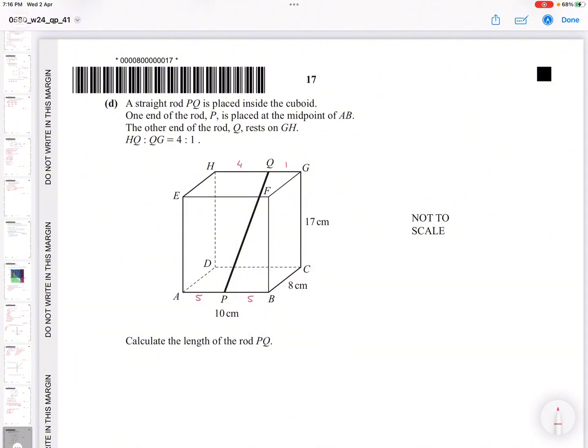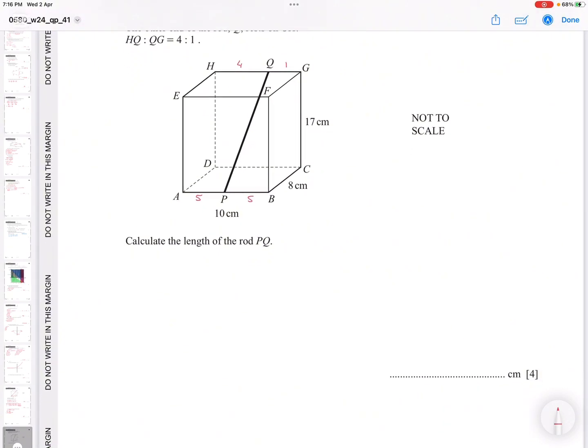So can I say that HQ is equal to 4/5 of 10. Look, HQ is the same length as AB and AB is 10 centimeters, so HQ is also 10 centimeters. So can I write HQ is 4 out of 5. 5 is actually the total length. 4 and 1.